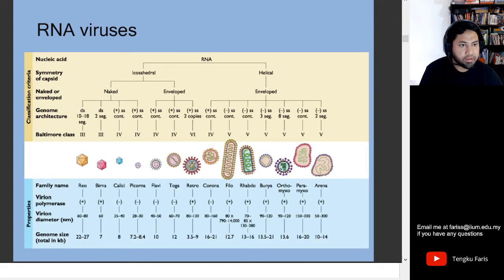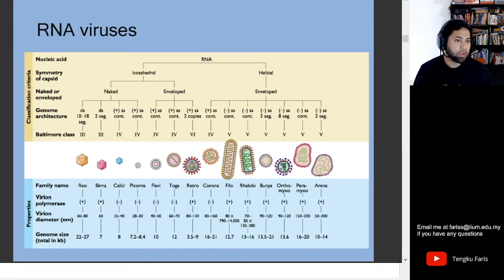RNA viruses, on the other hand, can be divided into two, icosahedral and helical only. We don't have the complex viruses for RNA viruses. They're further categorized into naked and also enveloped. After that, whether single-stranded or double-stranded, you can see the Baltimore classification.